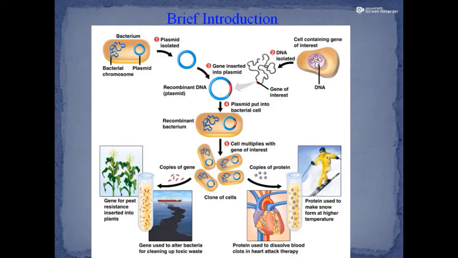Okay, and then we extract the insulin and we use it as a pharmaceutical agent. So the whole purpose of recombinant DNA technology is to mainly produce a large amount of our products of interest. Okay, it could be of different things. Now, insulin is just one example of that. We will be coming across various examples of that in the coming classes.